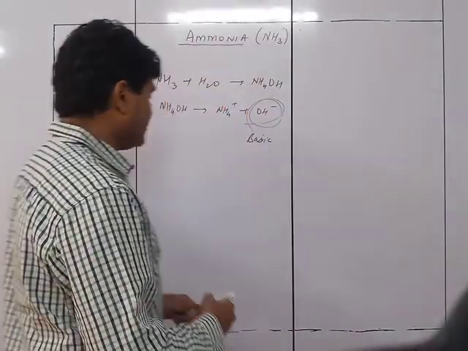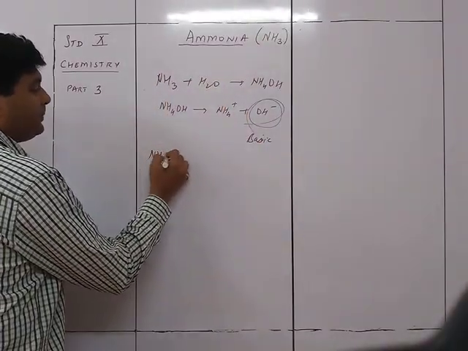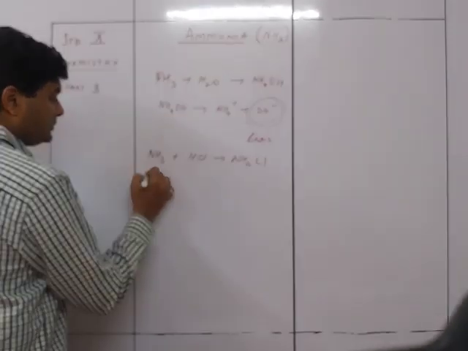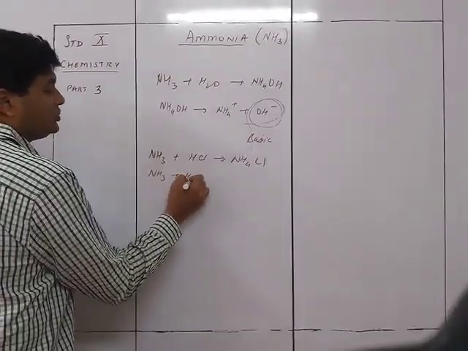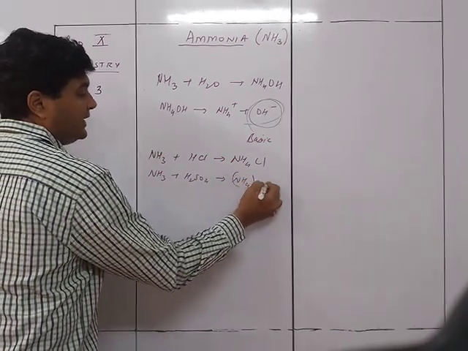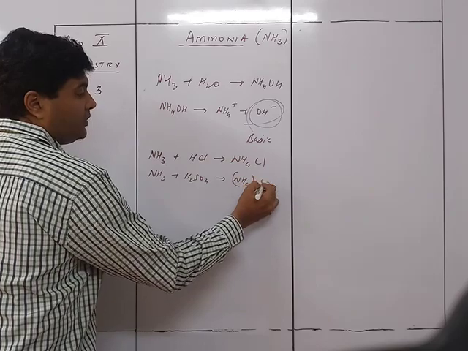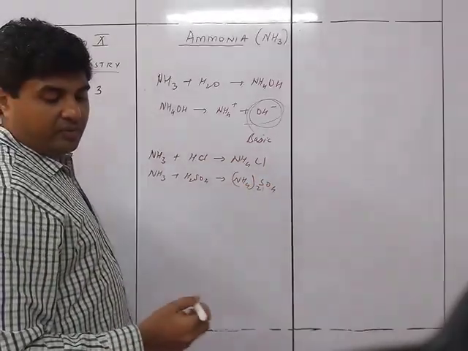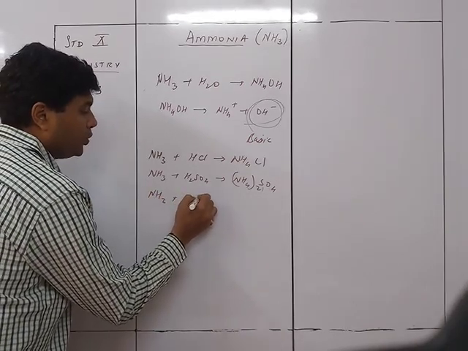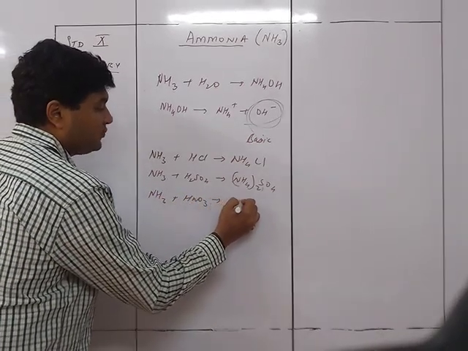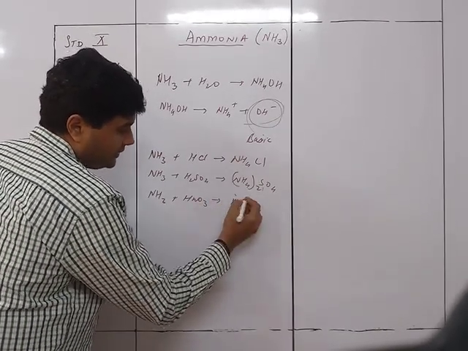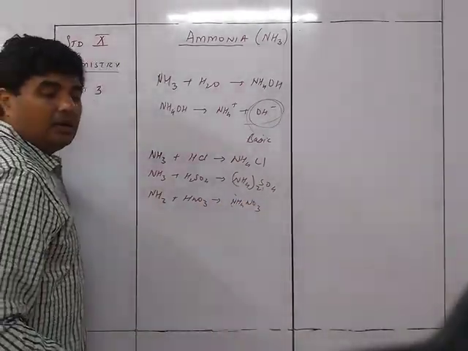These are the reactions. NH3 plus HCl gives NH4Cl. NH3 plus H2SO4 gives (NH4)2SO4. Nitrate also gives the same: NH3 plus HNO3 gives NH4NO3, since nitrate will be single.